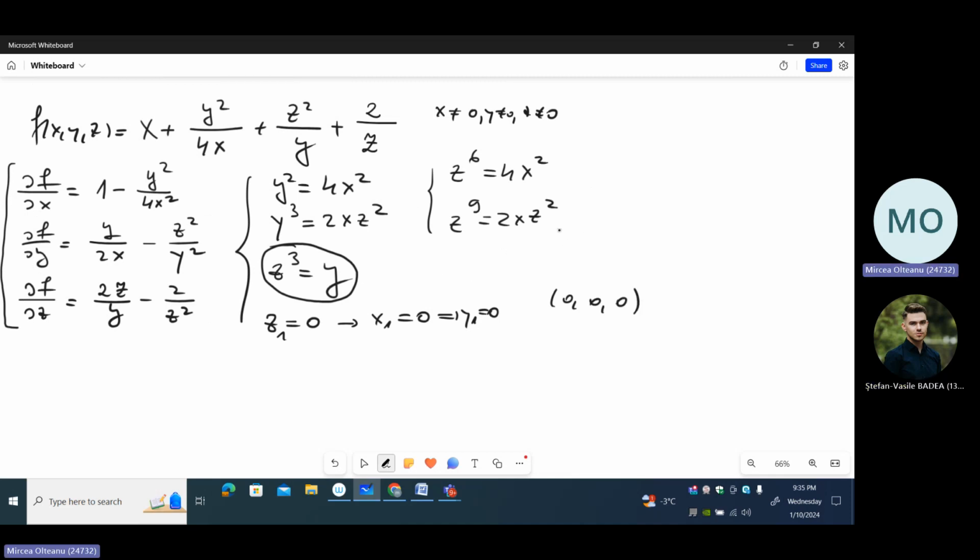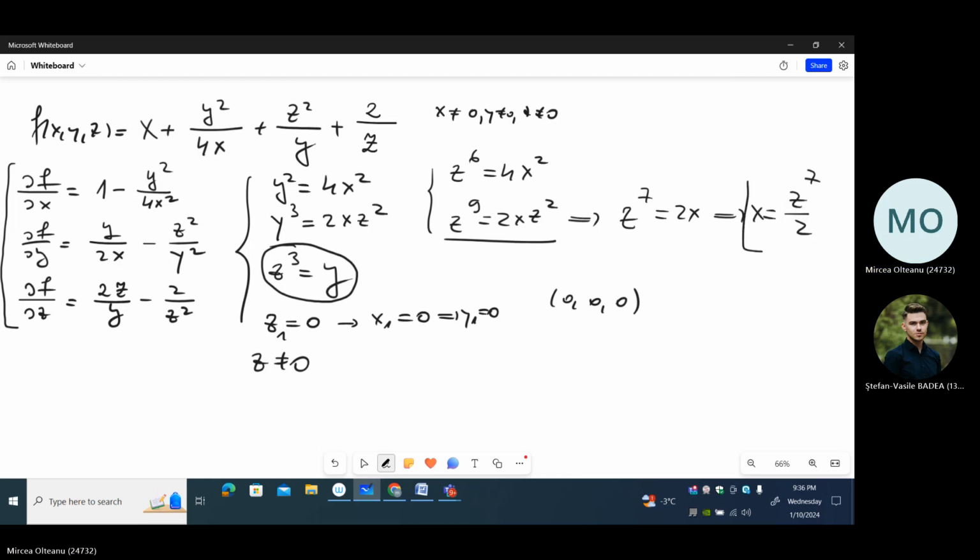Now what happens if z is not 0? From here, if z is not 0, we can simplify by z, yes. So we get that z to the 7 equals 2x. So x is z to the 7 over 2. And we replace it in the first equation.